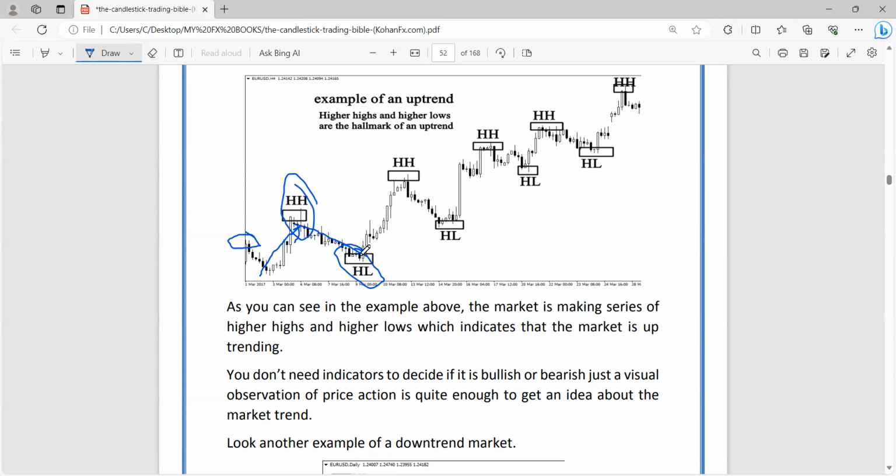Same scenario here, when the market came to this level here, that's the highest point the market had moved before it retraced back down. So this is called a higher high because it's higher than that level there. Hence, it just makes sense that it's called a higher high.